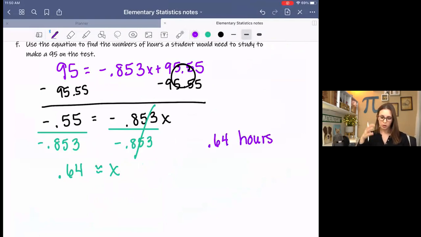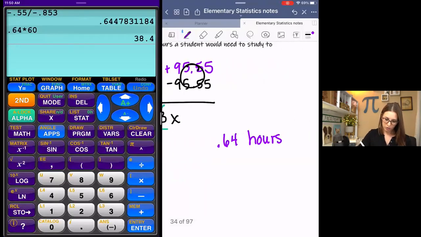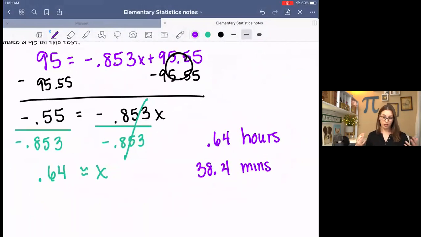And we could multiply that by 60 to figure out how many minutes that is, which is going to be about 38.4 minutes, depending on what they ask you for. You have to pay attention to what they ask you for. So if you want to score a 95 on the test, then you need to study for a little over half an hour.